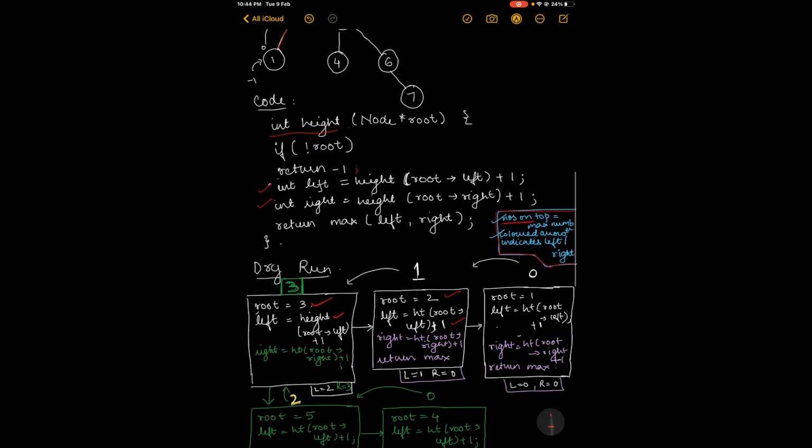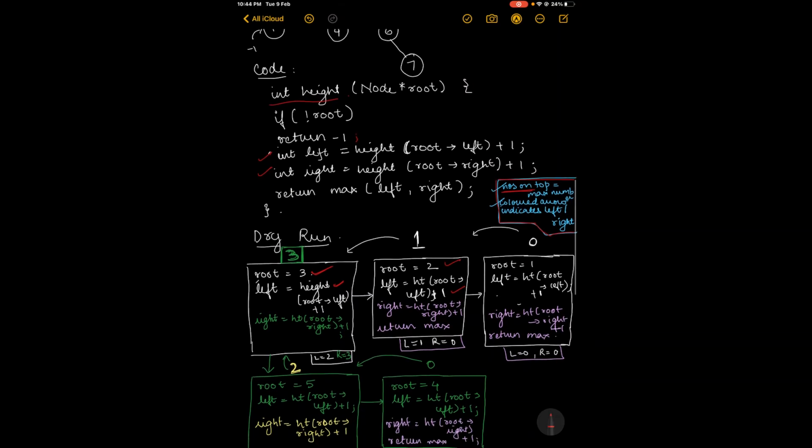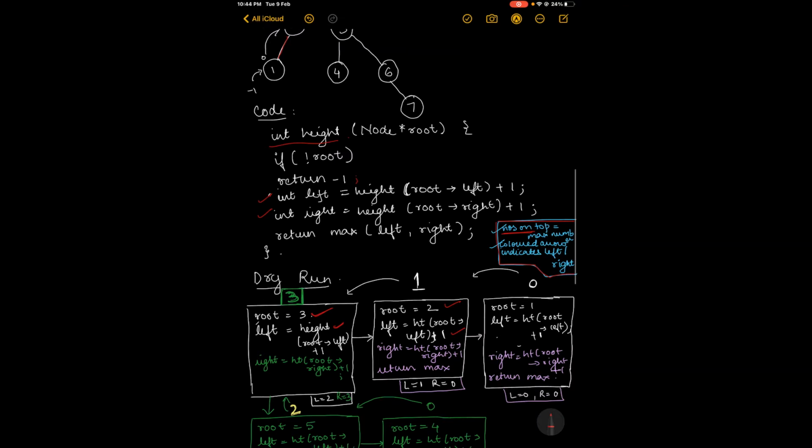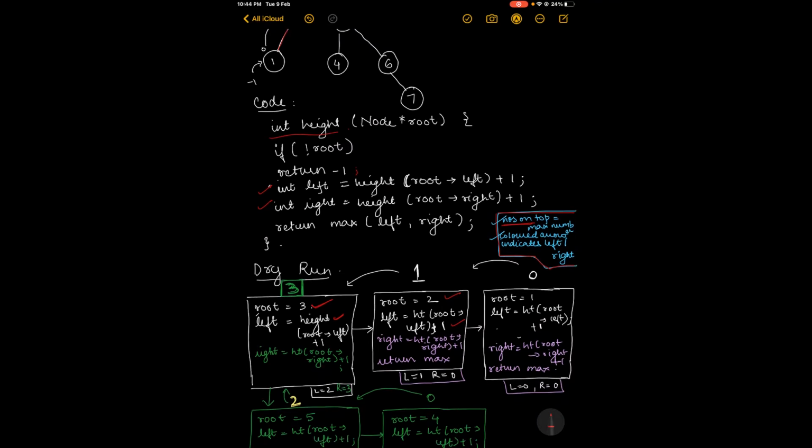Now here root is equal to 1, since the left child of 2 is 1. So left is equal to height root left plus 1. Here we see that there is no left child of 1, so this will return minus 1, because that is what our condition says.